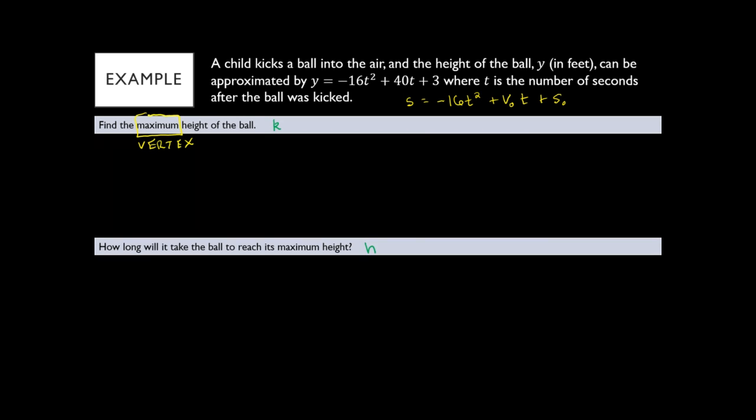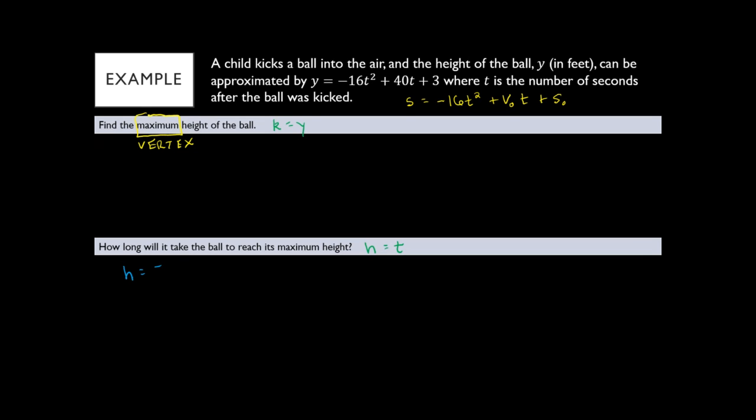So we actually have to do these two parts in opposite order based off of what they're asking for. You have to pay attention and ask which variable they are looking for. Because height is y, and that's our k. And if it says how long, that's our input, which in this case is t. So we will do the second problem first.